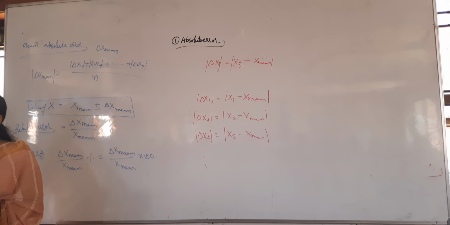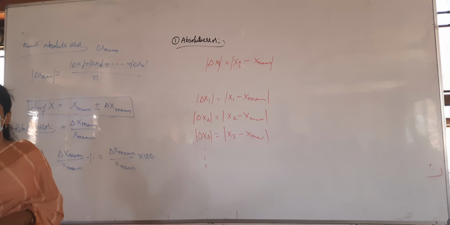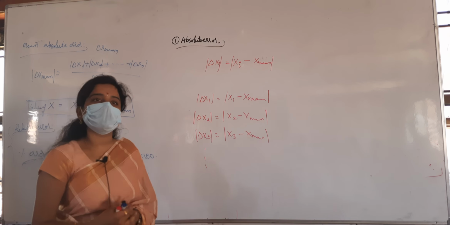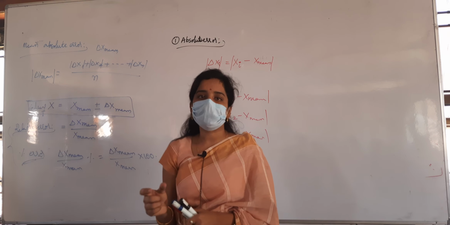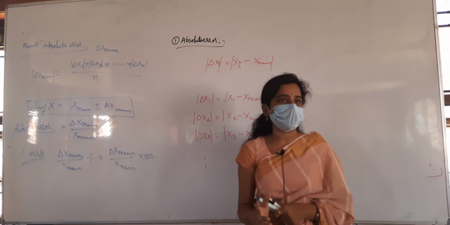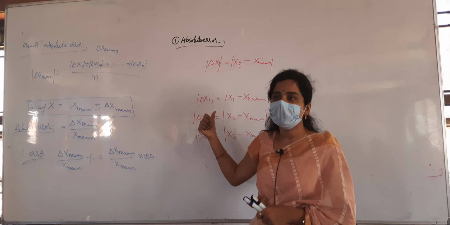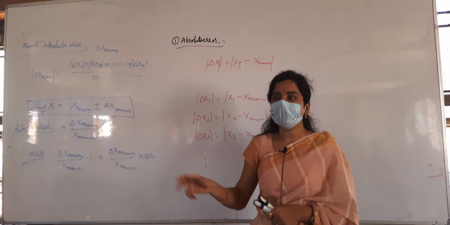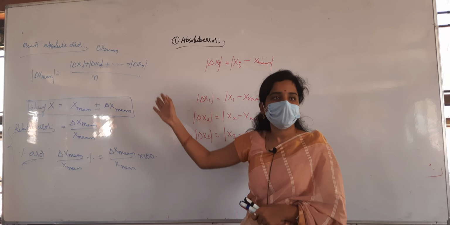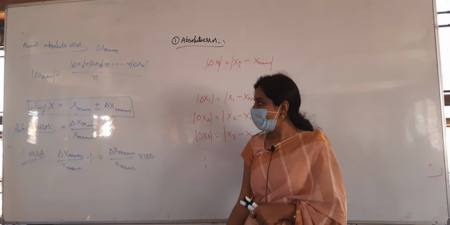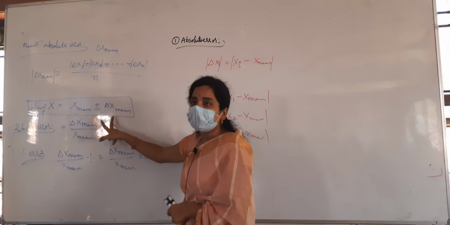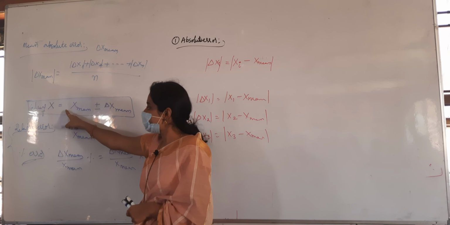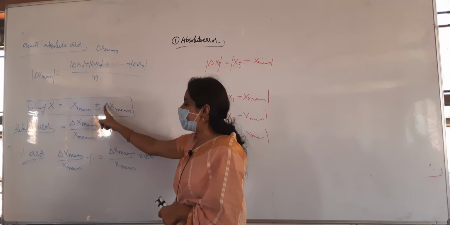So, first of all, absolute error is the difference between the observed value and the mean value. Mean absolute error is the average of all these absolute errors. After that, to notate any value, x is equal to x mean plus or minus delta x mean.